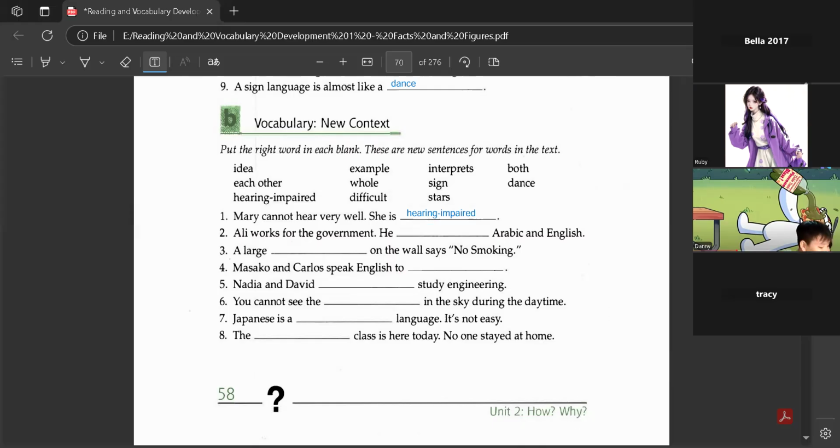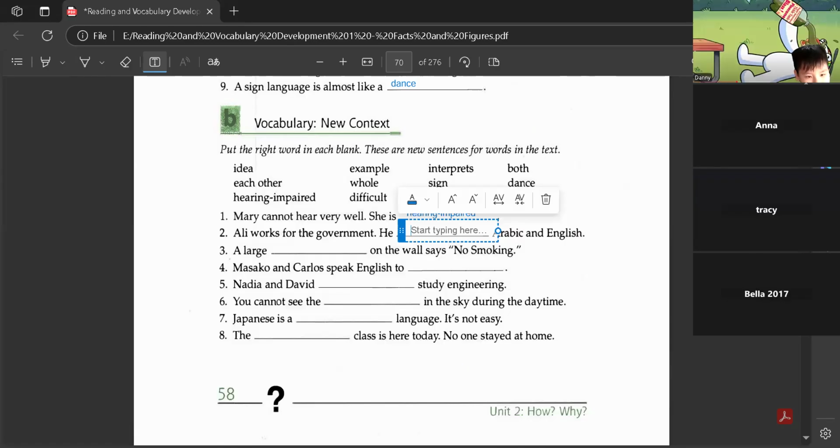Okay, the second one, let's invite Danny. Ali works for the government. He... who speaks English. He should be something else. Okay, so what should we write here?